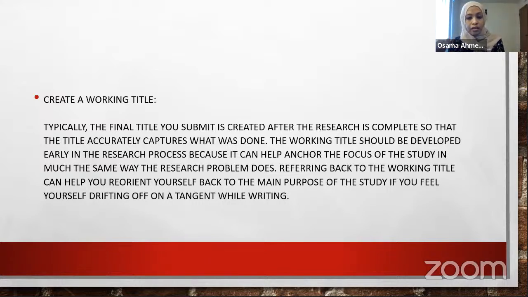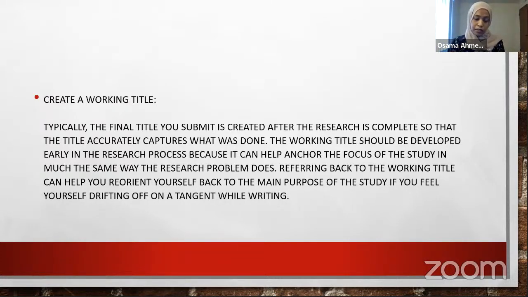This can help you anchor the focus of your study, in the same way the research problem does. So you're going to be referring back to a working title to help you reorient yourself to the main purpose of your study, so you will not be scattering yourself all over the place. And of course, as you go on, you will develop a more structured final title.